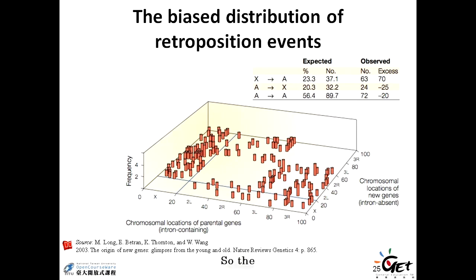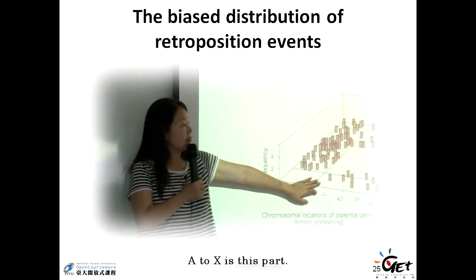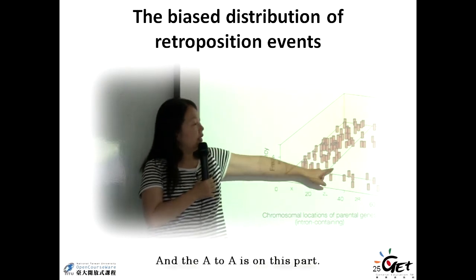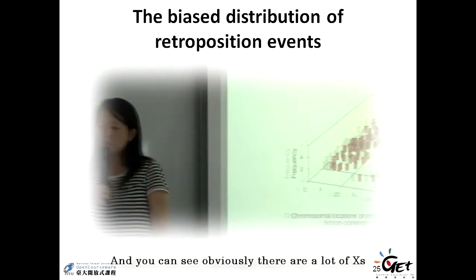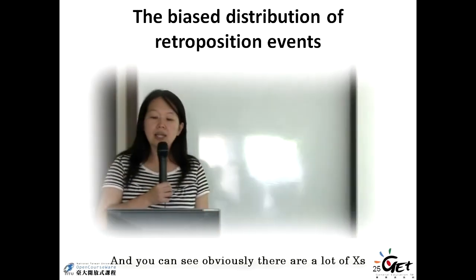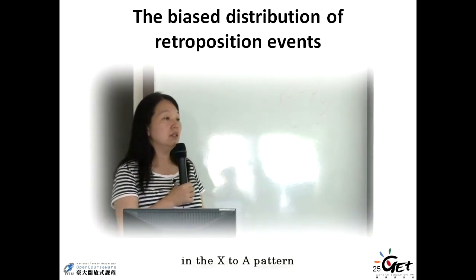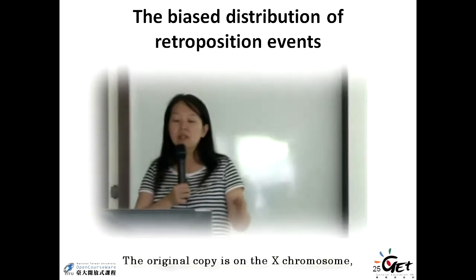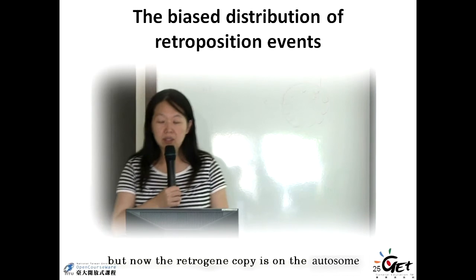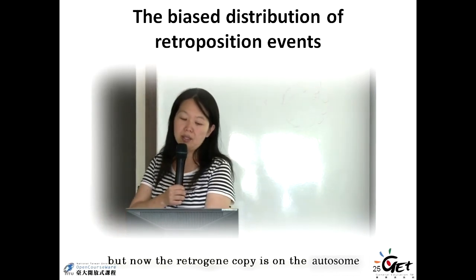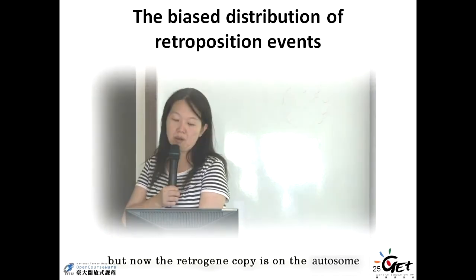So the A to X is this part, and the A to A is this part. And you can see obviously there are a lot in the X to A pattern. The original copy is on the X chromosome, but now the retrogene copy is on the autosome.